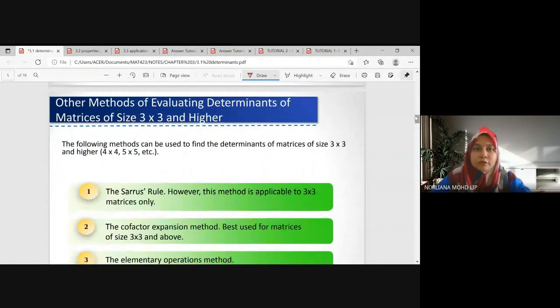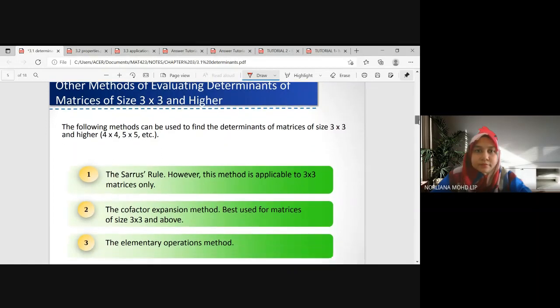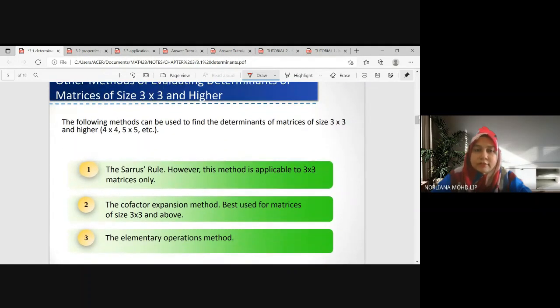Then how do we evaluate the determinant if the size of the matrix is 3 by 3 and above? We can use other methods. There are 3 methods. First, we can use the Sarrus rule, which is only applicable to a matrix of size 3 by 3.